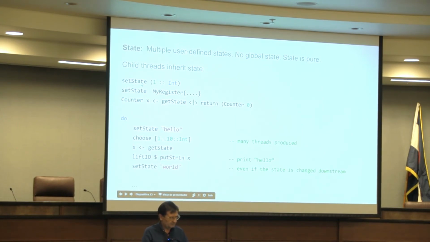The state in this monad is indexed by type, so the programmer can create their own types, and the monad stores this state using a map. So it's very easy, without adding monad transformers, to manage whatever state it needs at any moment.